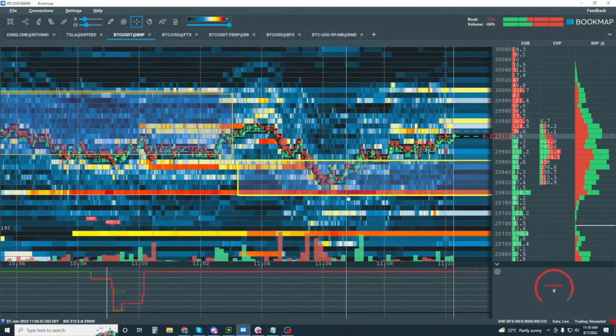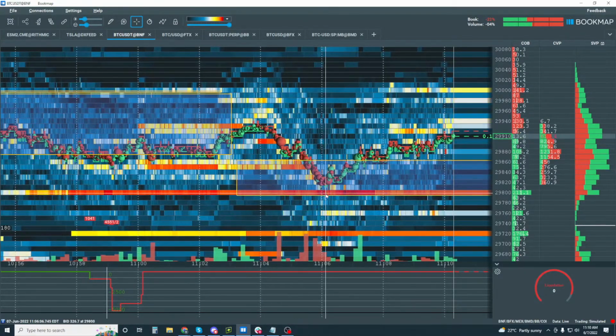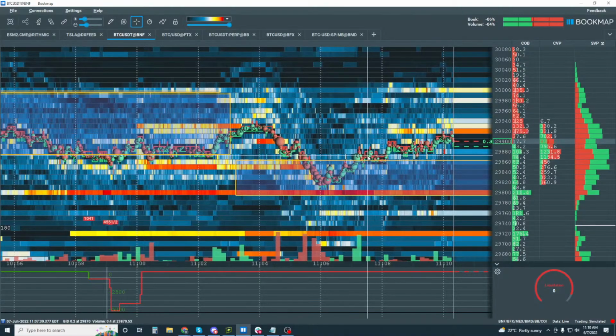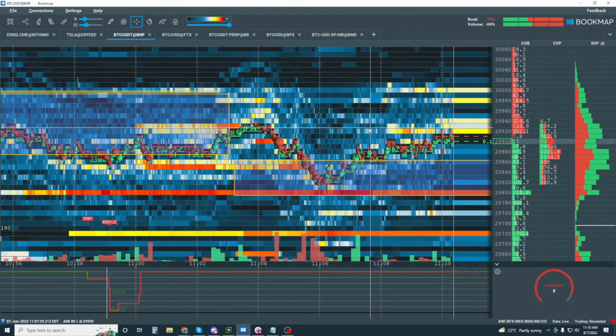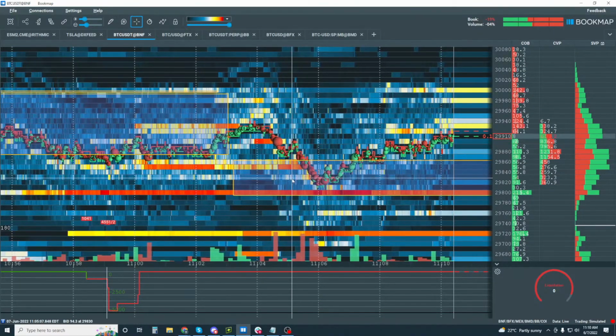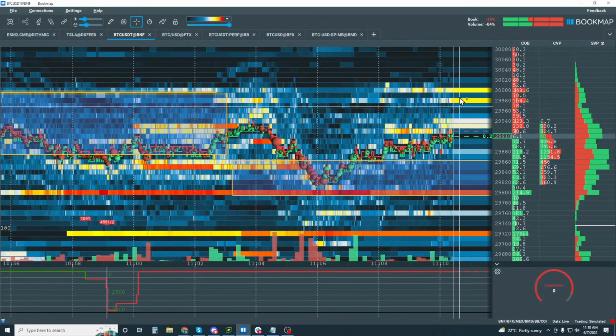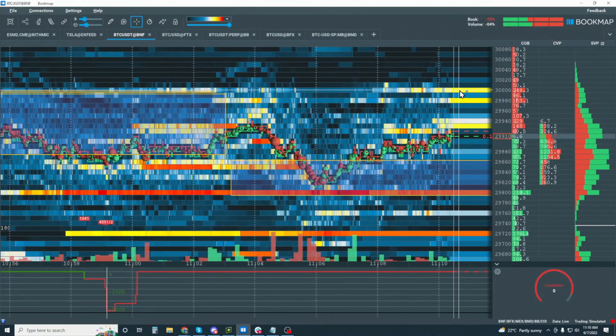Okay, so it traded back down to this area here, and it traded back out, and we're finding buyers up here right now. Let's see if we can get our squeeze here, our liquidation up into 30K.